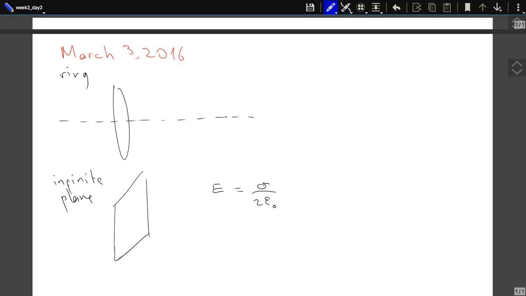So this is 8. But we said that since we are drawing 8 electric field lines for each charge Q, here we have 2Q, so I have to draw twice as much. I have to draw 16 of them. So these are the electric field lines very close to this plus 2Q charge.